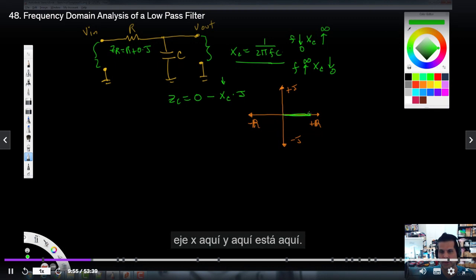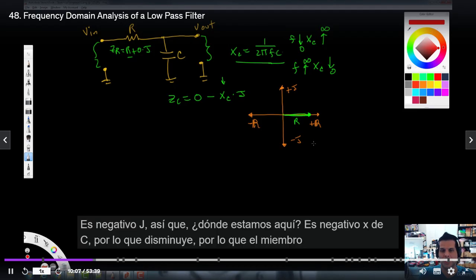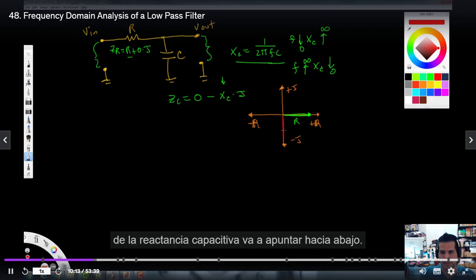This might be our value R. Then if we do a capacitive reactance, it's negative J. So it's negative X sub C, and it goes down. Remember, capacitive reactances point downward.